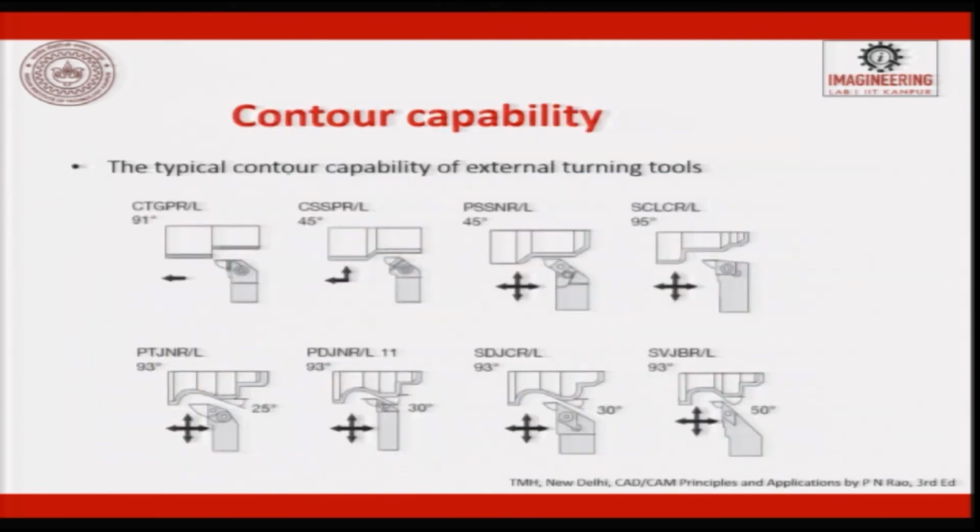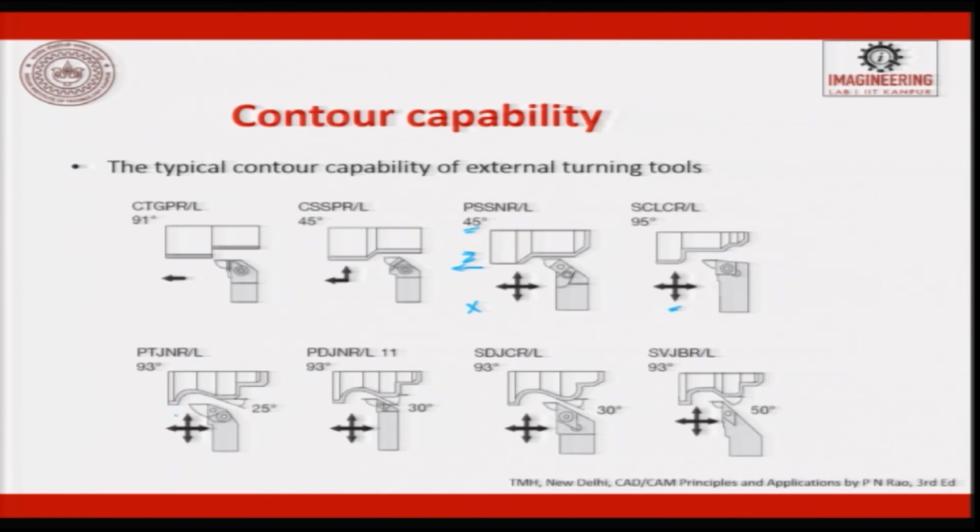The typical contour capability of an external turning tool is that it can do a step, a slope, a taper. You can see how it moves. It moves in one direction, it moves in both directions, it can move up and down. This is X and this is Z. It moves in both at 45 degrees, and at 90 degrees it gets it here.